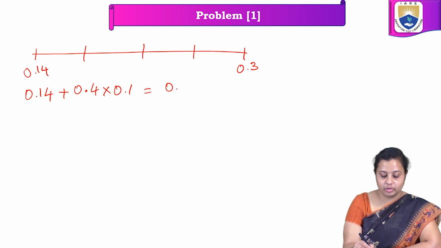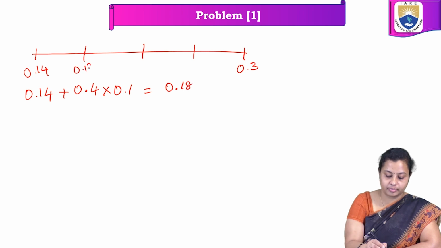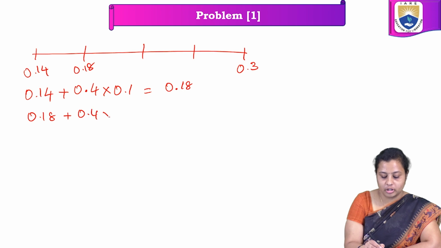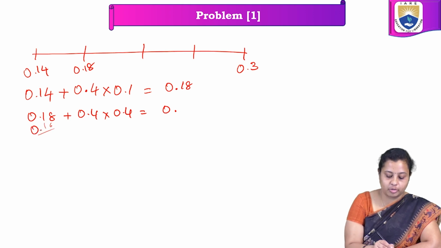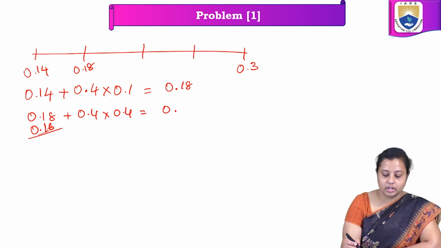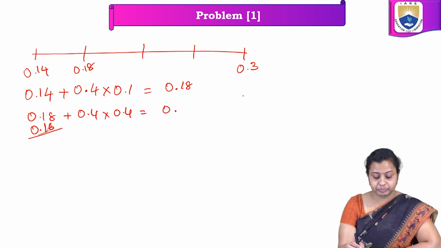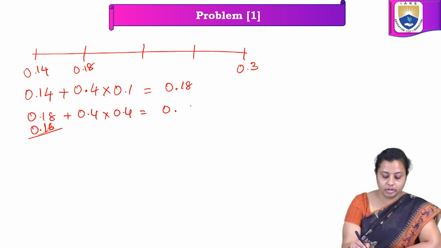So that is equal to 0.156. Then 0.18 plus 0.16 into 0.4 is the next value.